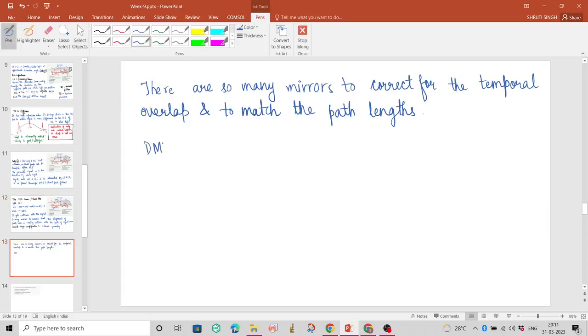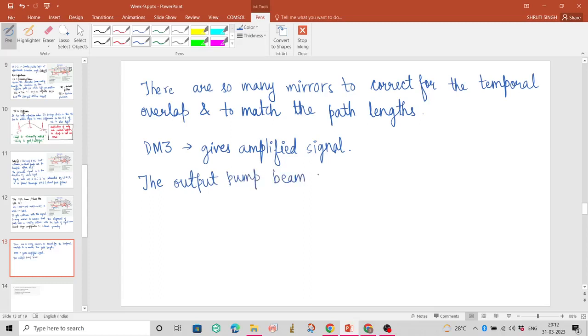DM3, it gives the amplified signal, and the remaining pump which comes out as the output pump beam, we can use it further.